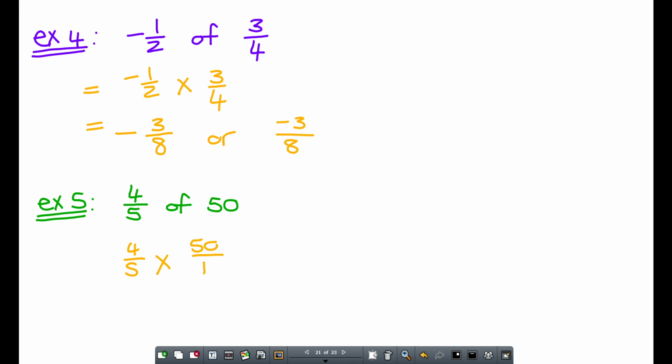Okay, now, who's still busy? Okay. I couldn't cancel out up and down, but I could cancel out across. 5 will go into itself once, and 5 will go into that 10 times. So, at the top, 4 times 10 gave me 40, and at the bottom, 1 times 1 gave me 1.